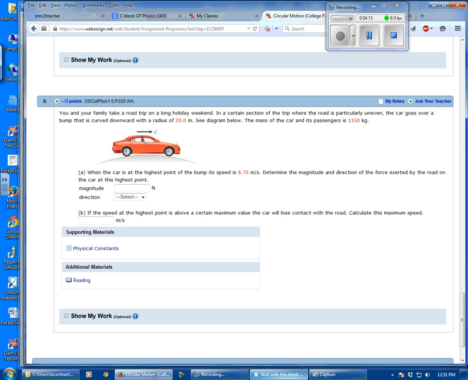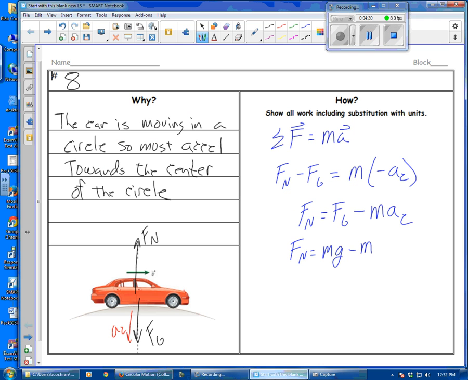Let's see, what do they tell us about it? They tell us the radius, and they tell us the speed of it. So, looking at my equation sheet, I'm going to use v squared over r, substituting that in for my centripetal acceleration, since they tell me the speed.